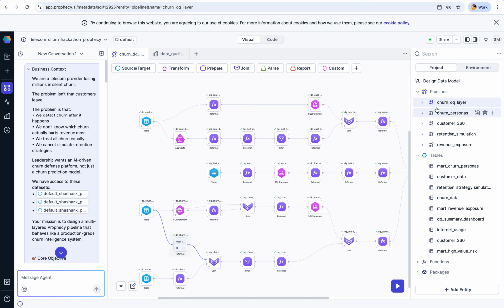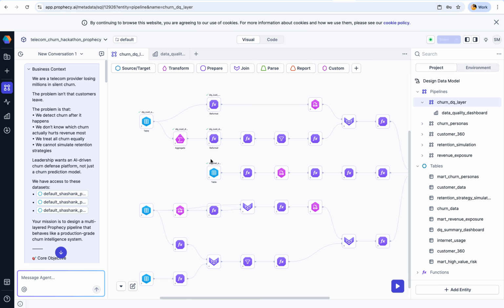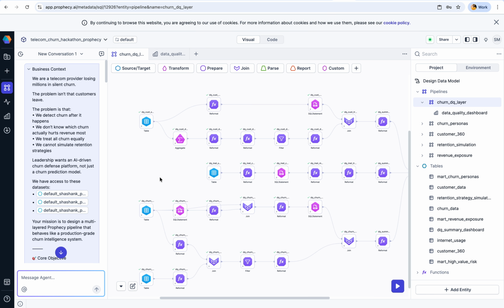First was the churn data quality layer, which is our intelligent data quality pipeline. It detects null anomalies, flags invalid tenure values, identifies inconsistent billing, checks customer ID integrity, and produces a data trust score across these three data sets.